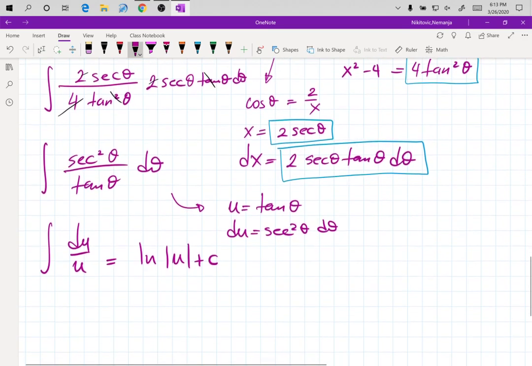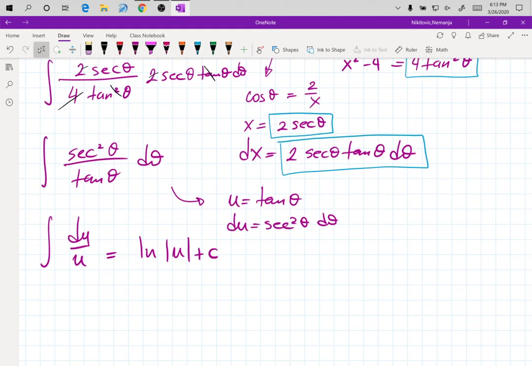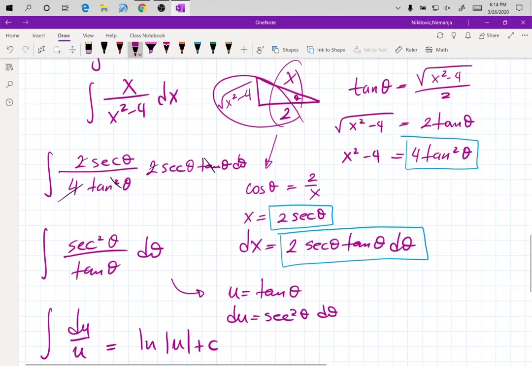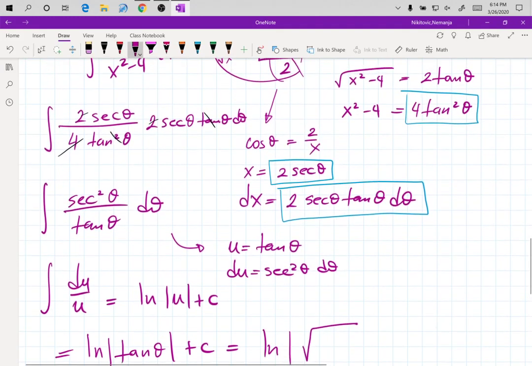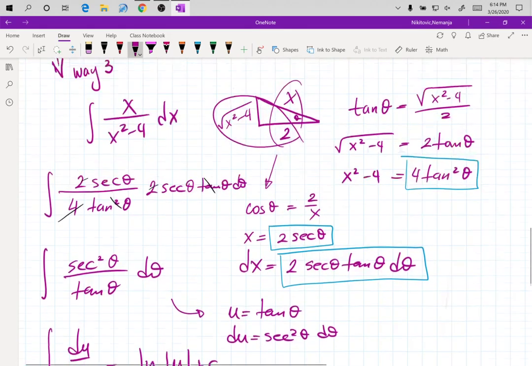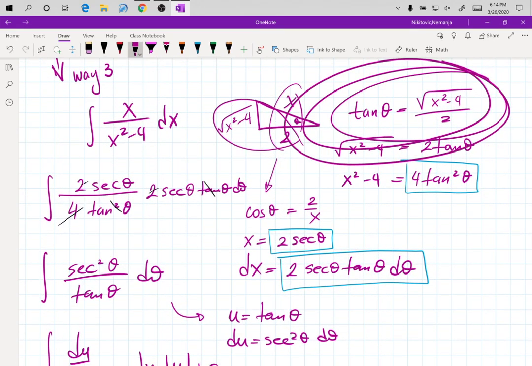I hope. Now we have to go back to theta and then eventually back to x. So u is tangent theta. And from the triangle, tangent is equal to the square root of x squared minus 4 over 2.